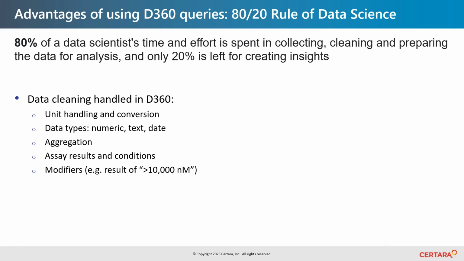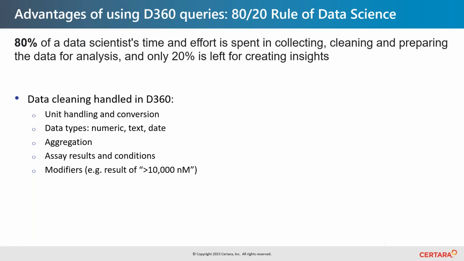And D360 is really focused on assay data and research data. So we have developed already some data cleaning practices that are helpful for data scientists as well. Here I mentioned, for example, unit handling and conversion.